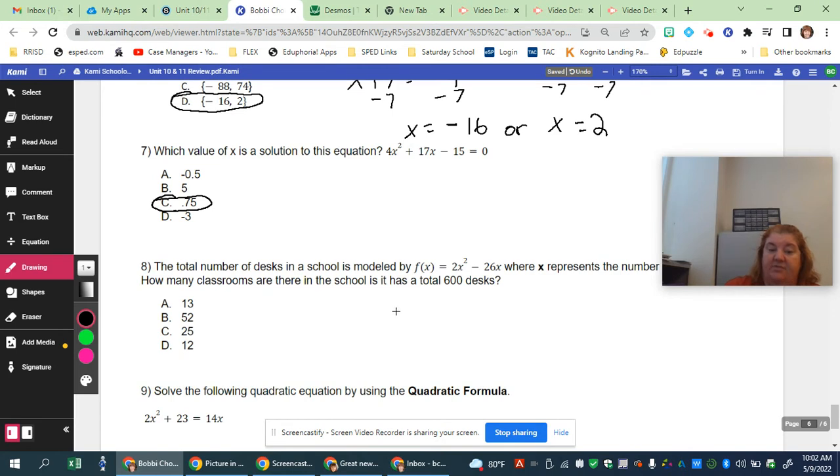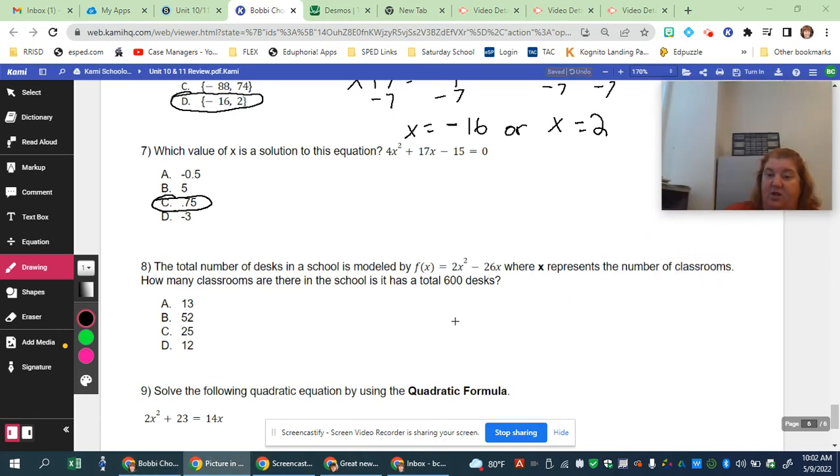Okay. The total number of desks in a school is modeled by this, where x represents the number of classrooms. How many classrooms are there in a school with a total of 600 desks? Okay, there's a couple of ways that you can do this.